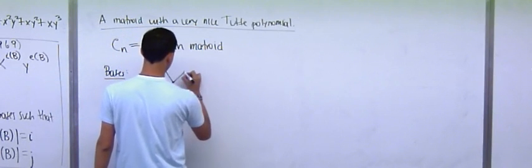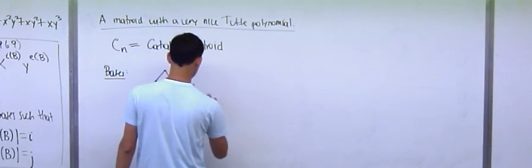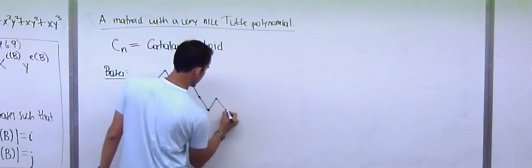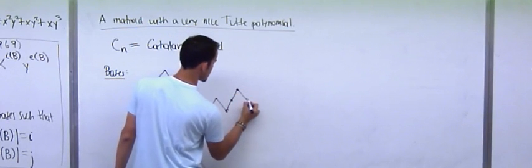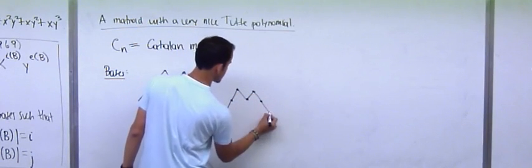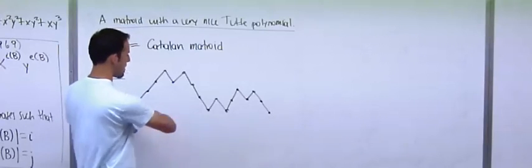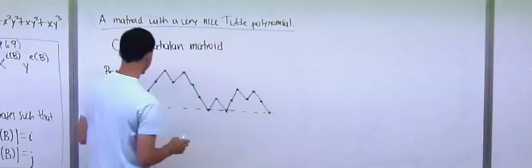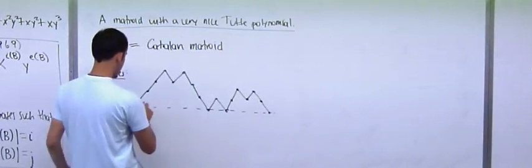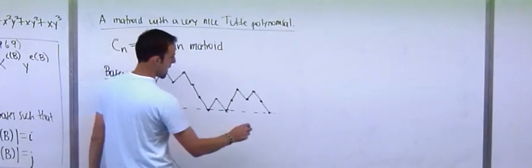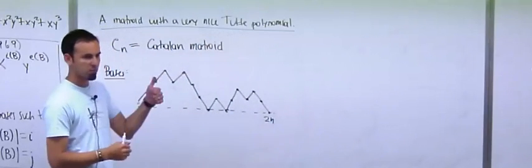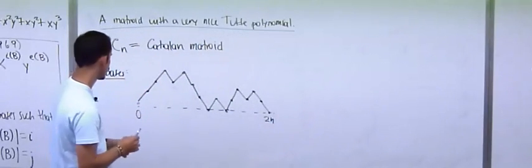It's some path that takes steps up, steps down, and it never crosses the x-axis. It starts at 0, and it ends at 2n. In other words, it takes exactly n steps up, n steps down.